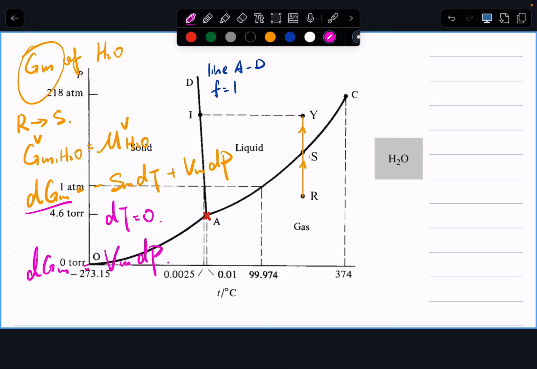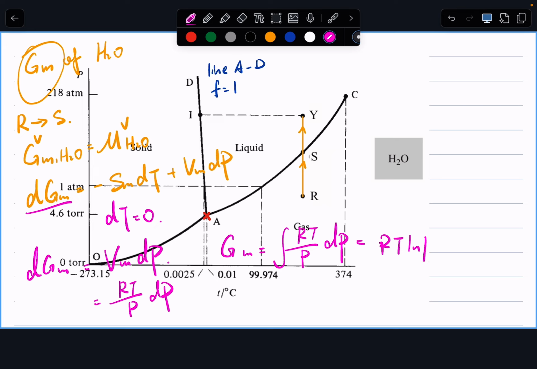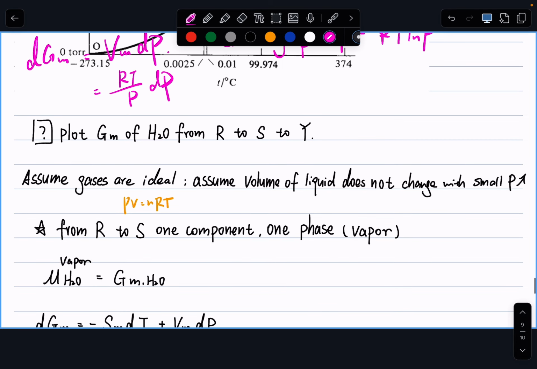So for ideal gases, do we know what my Vm is? For ideal gases, my molar volume equals RT over P. Then you take the integral on both sides, and we end up getting Gm equals the integral of RT over P dP, which equals RT ln P. And thinking about what we're trying to plot, you're trying to plot how Gm changes.